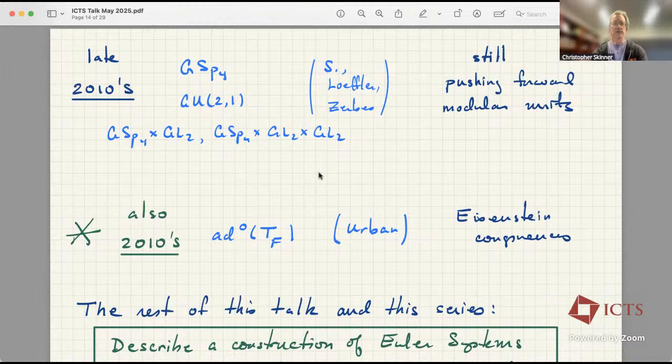So in the case of GSp4, you would take two modular units on the embedded product of two modular curves, for instance. Similar arguments gave rise to Euler systems, or the definition of Euler systems, for GSp4 cross GL2 and GSp4 cross GL2 cross GL2.